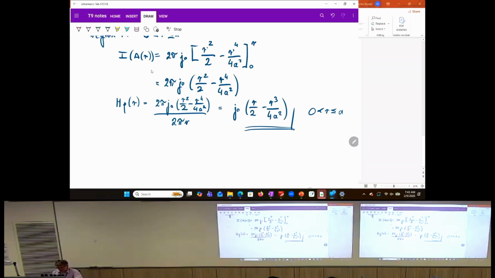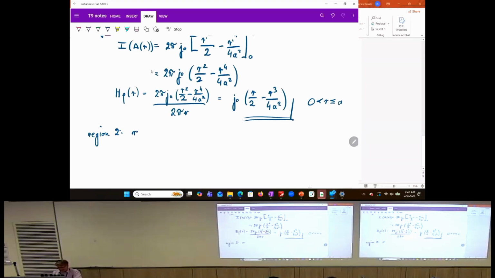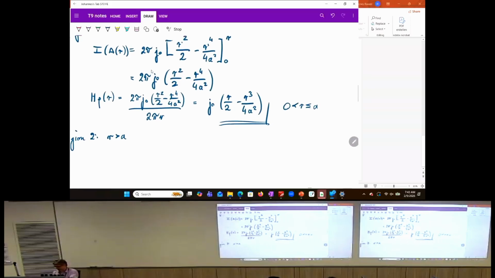And in region 2, this is where our r is larger than a. So basically, you remember this scenario where this is our a, and we evaluate it on a circular line inside. This is our tube, basically this is our complete tube.